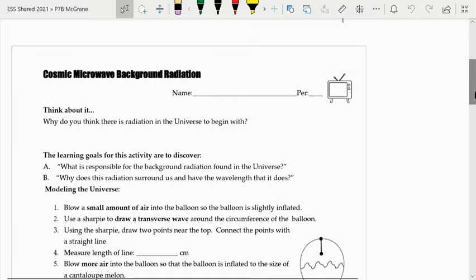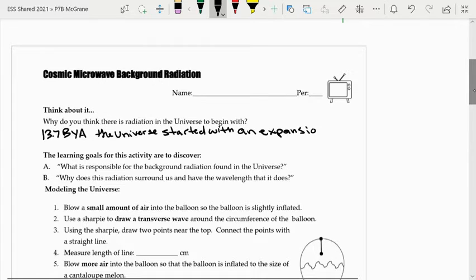And that's because of this idea of the Big Bang, that 13.7 billion years ago, the universe started with an expansion of energy, and the energy of today is from that moment in time.